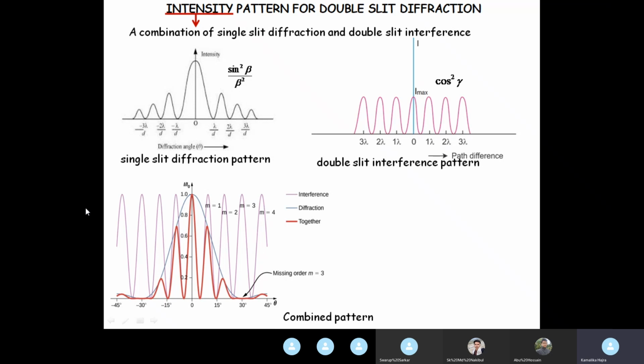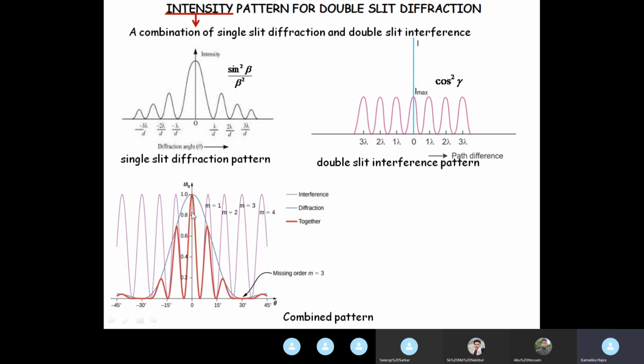So here, see, the purple lines are due to the interference term cos square gamma, and this blue line here is due to the diffraction term sine square beta by beta square. So basically there are the interference peaks which will be enveloped by the diffraction pattern.